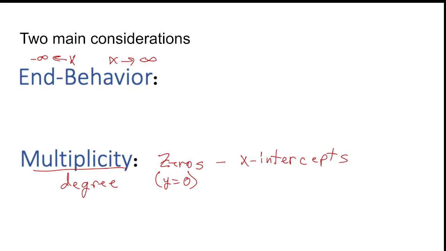So the degree of the polynomial is the largest exponent. But what we're going to see is it's the degree of the zero. And we're going to see that different zeros have different degrees on them. And that will tell us their behavior as they cross that x-axis, or whether or not they cross that x-axis, when they bump into the x-axis.